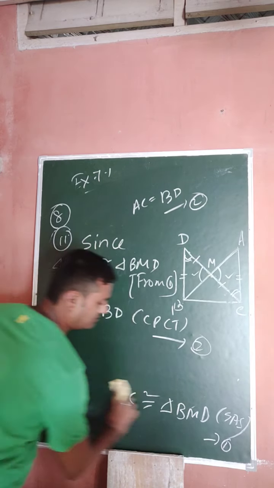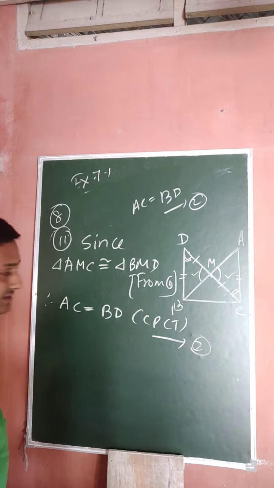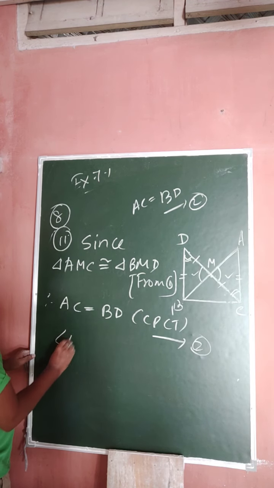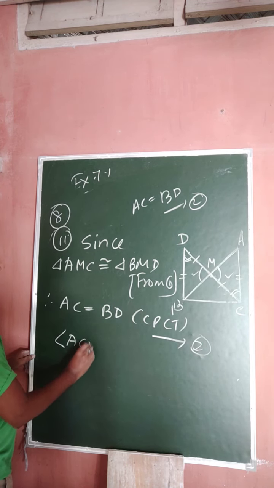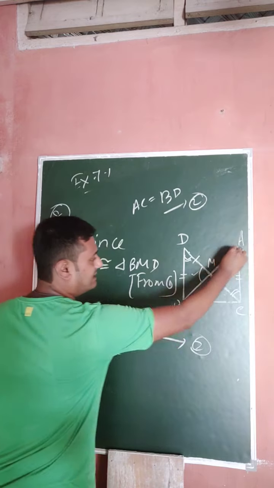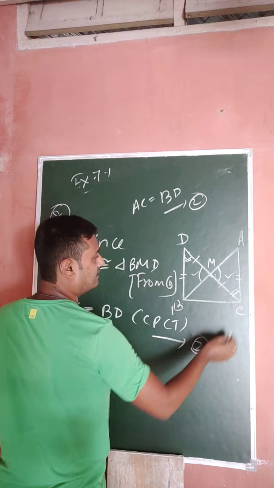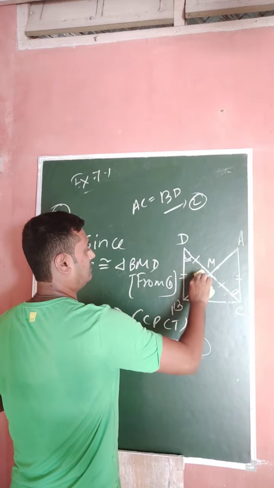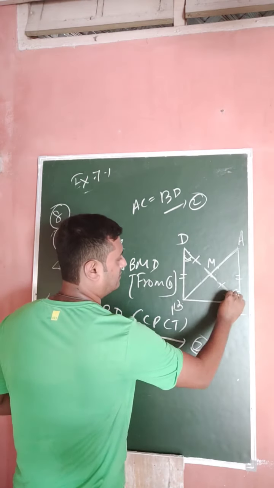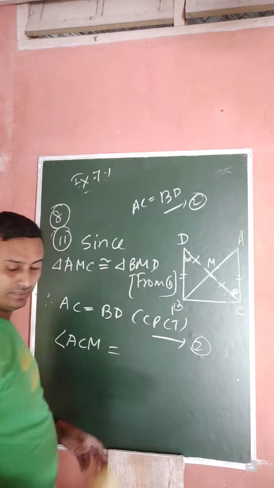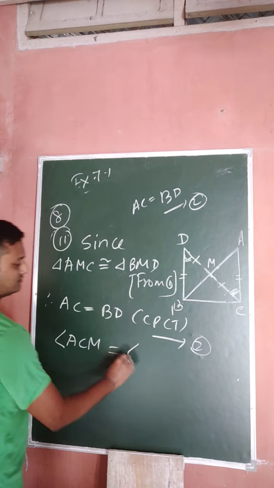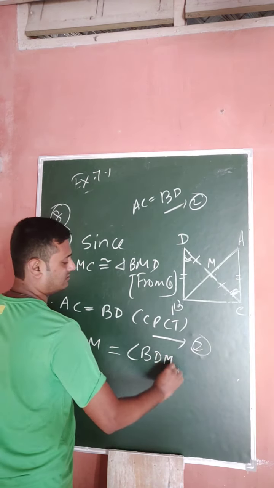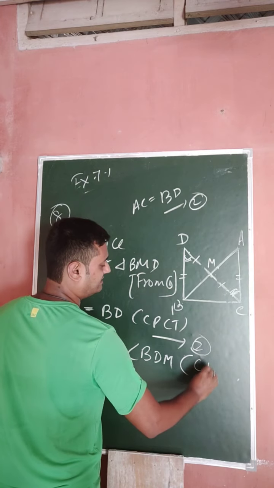And the important thing is this one. You can write angle ACM is equal to this angle BDM, CPCT.